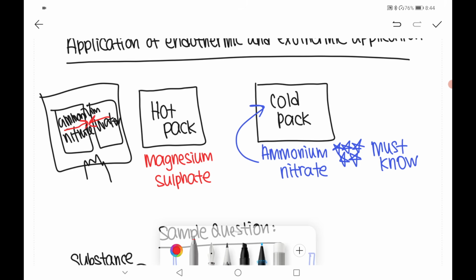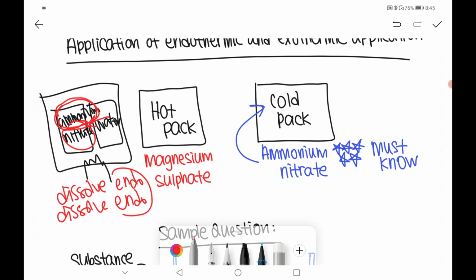When ammonium nitrate and water mix together, they dissolve. We learned just now that when you dissolve ammonium salt or nitrate, it is endothermic.